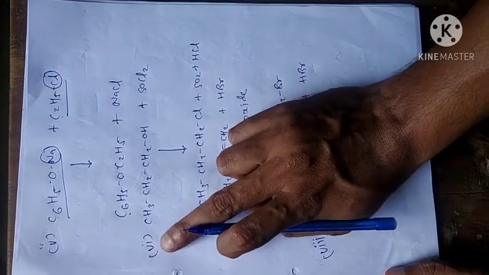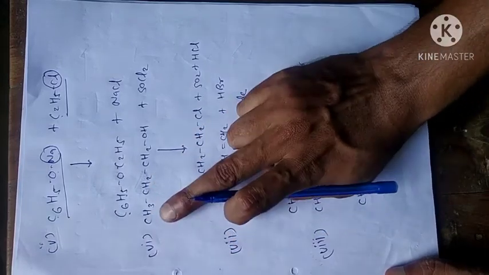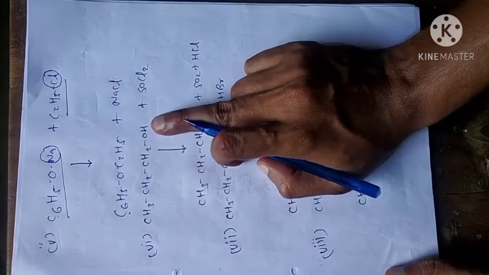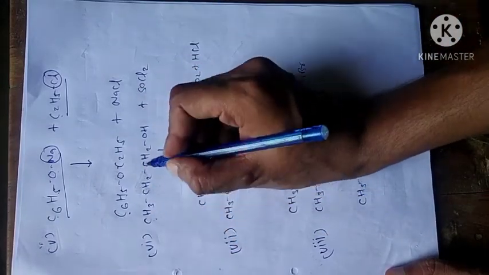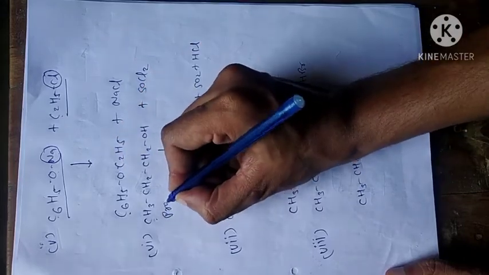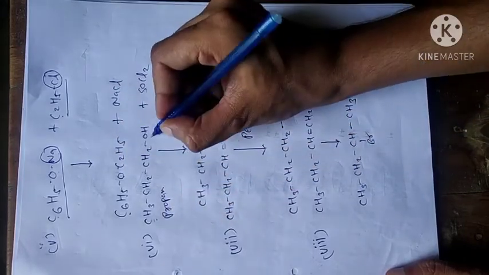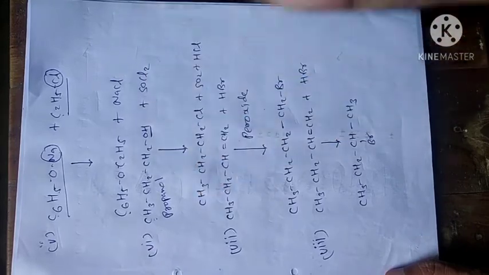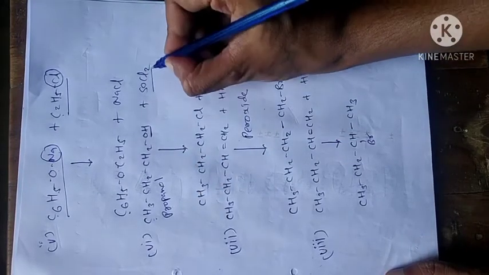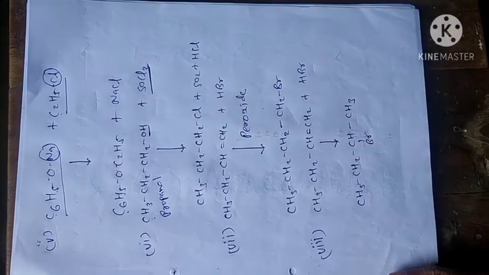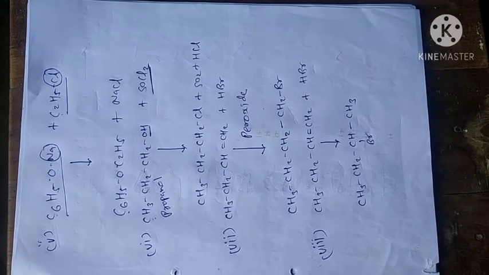Next reaction, 6 number, CH3CH2CH2OH. Now 3 carbons are there, so it is propane, plus alcohol group is there, so it is propanol. When it reacts with thionyl chloride SOCl2, what will it give?